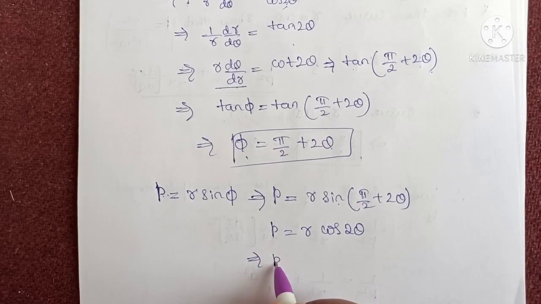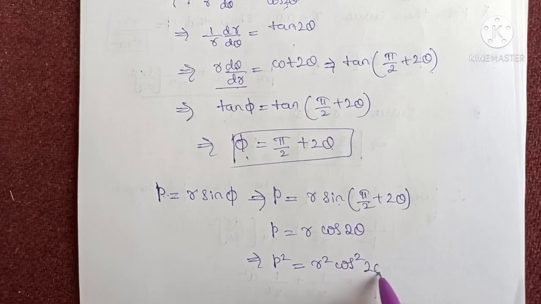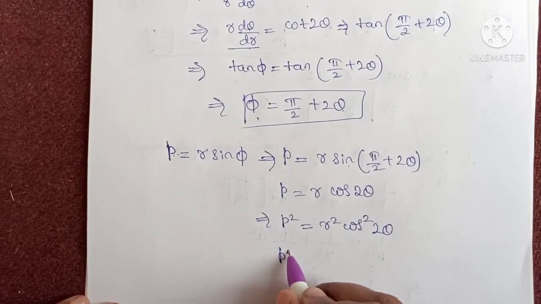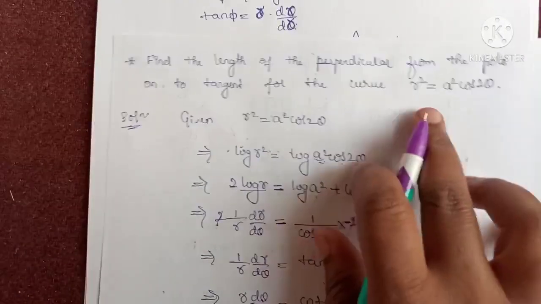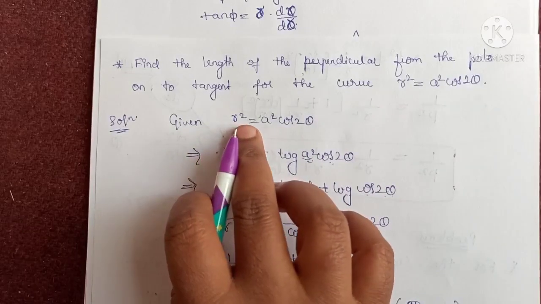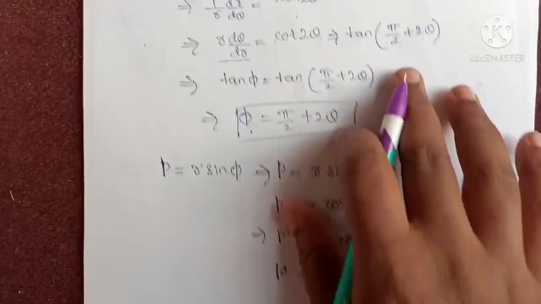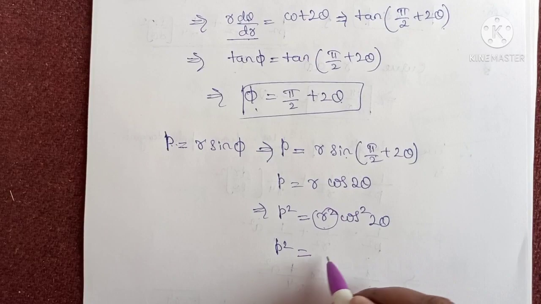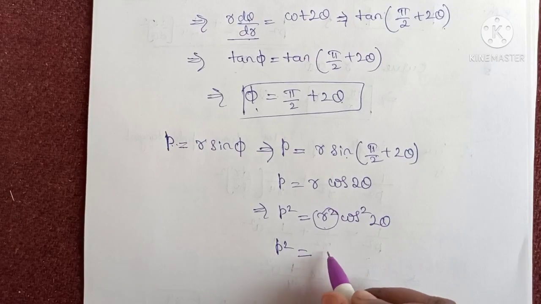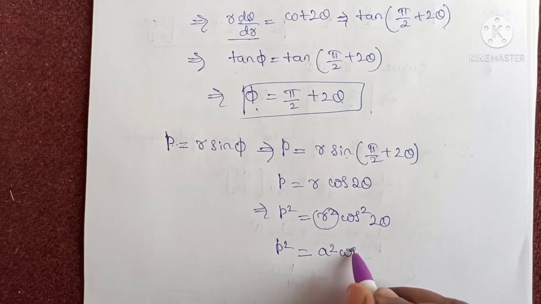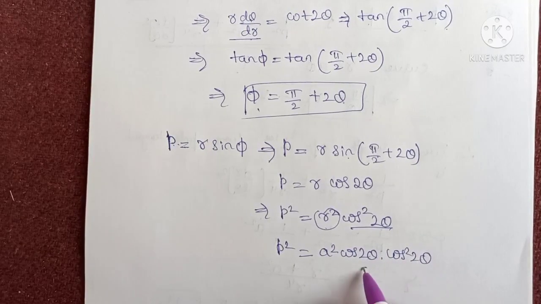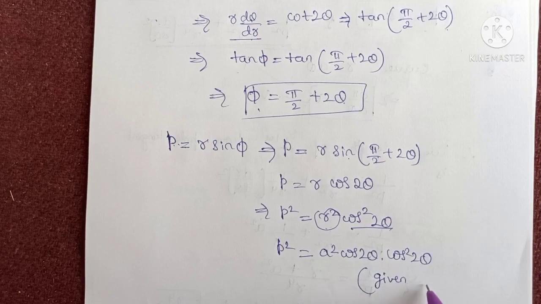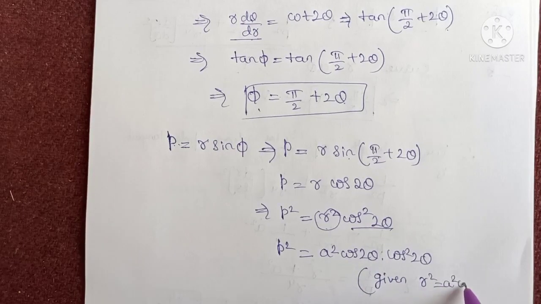Squaring on both sides, we get p square equals r square cos square 2 theta. This r square value can be substituted from the given curve, that is r square equals a square cos 2 theta. So substituting this r square value, we get a square cos 2 theta into cos square 2 theta.